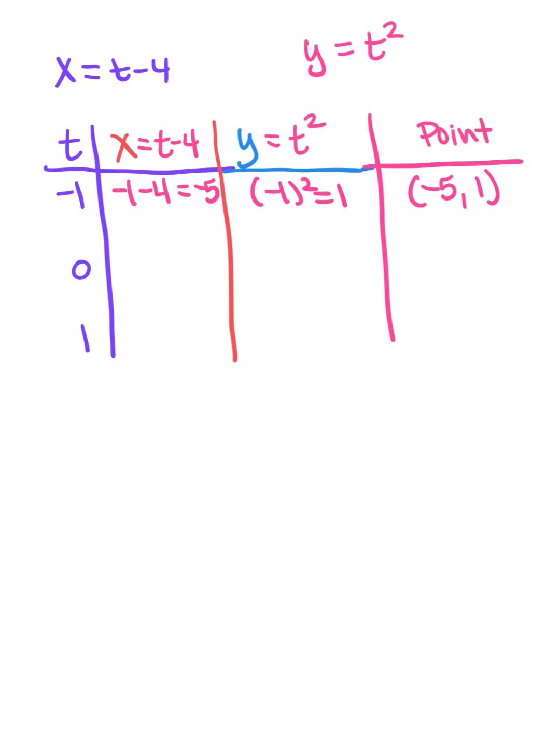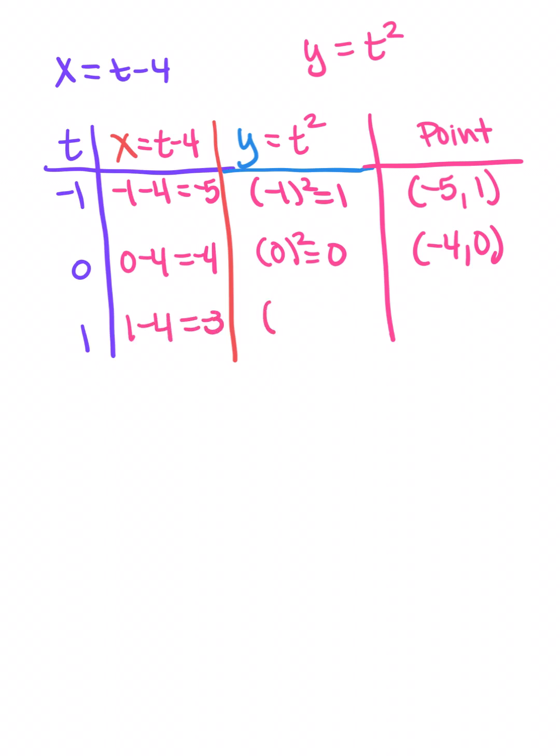When t equals 0, we have that x is 0 minus 4, which is negative 4. And y is 0 squared, which is 0. So negative 4, 0 will be my second point. And my last point, when I plug in 1, 1 minus 4 is negative 3, and 1 squared is 1. So my point will be negative 3, 1.